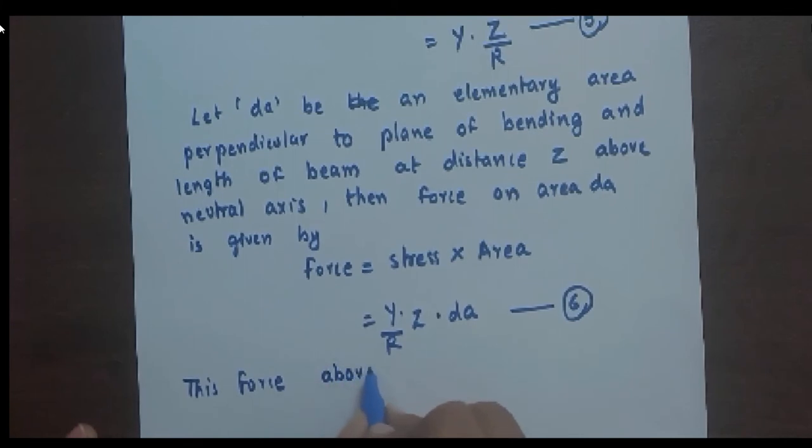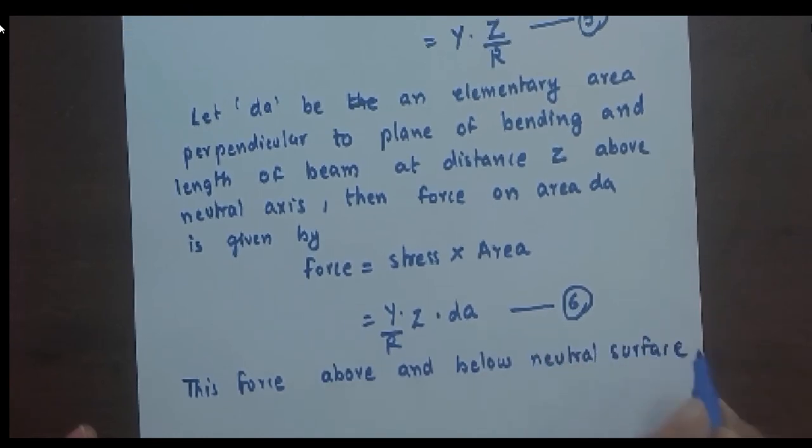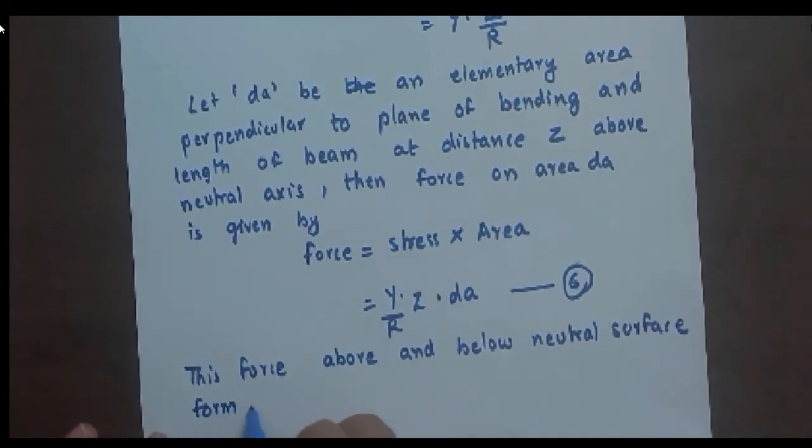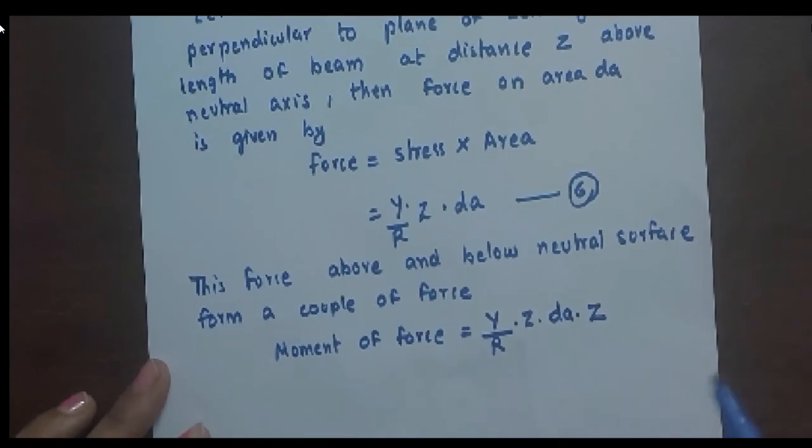The force above and below the neutral surface form a couple of force, given by the moment of force, equal to Y upon R into Z into dA, and since this is the moment of the force, we will multiply it by Z. So the equation becomes Y upon R into Z square into dA.